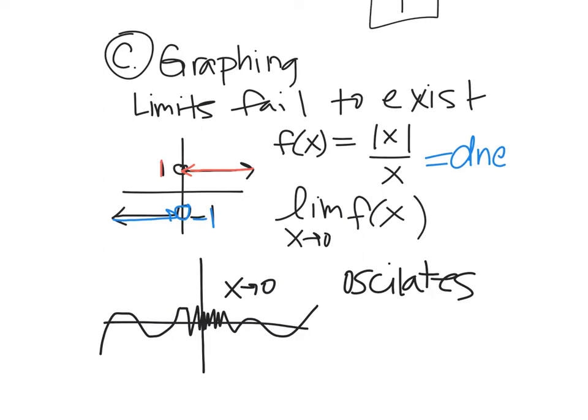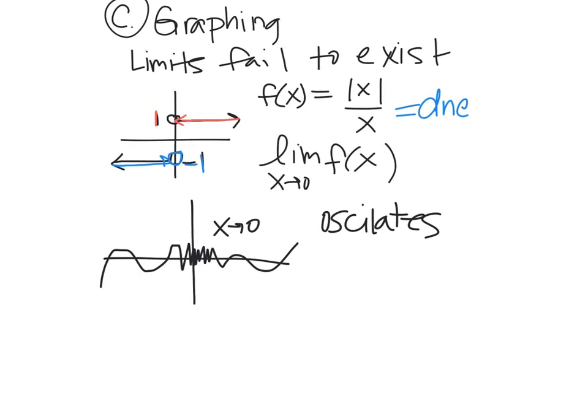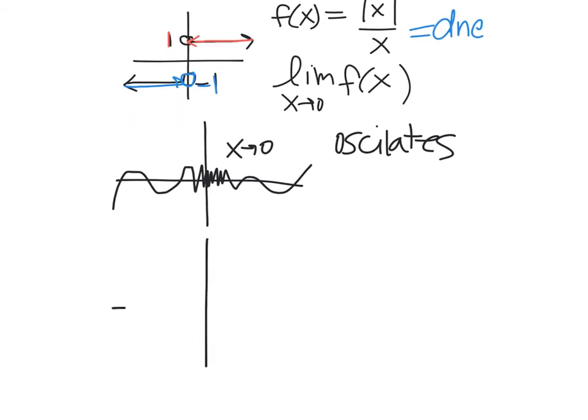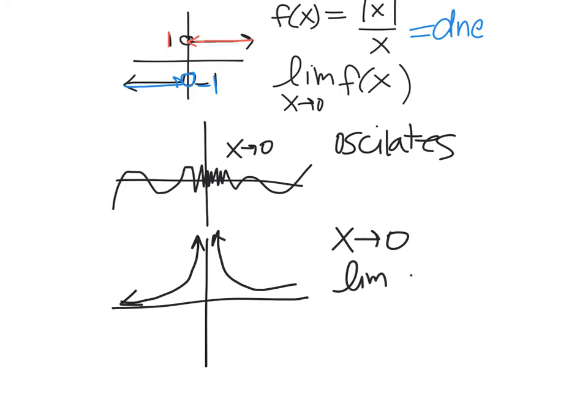Okay. Also, limits that go to infinity or negative infinity. Some people will say that the limit is infinity. For example, let's say we're trying to find the limit as x goes to 0, and we have this graph that goes like that and like that. Some people will say the limit doesn't exist, but some people will say that the limit here equals infinity. I'm okay with infinity or does not exist. The book kind of says both. It's weird.